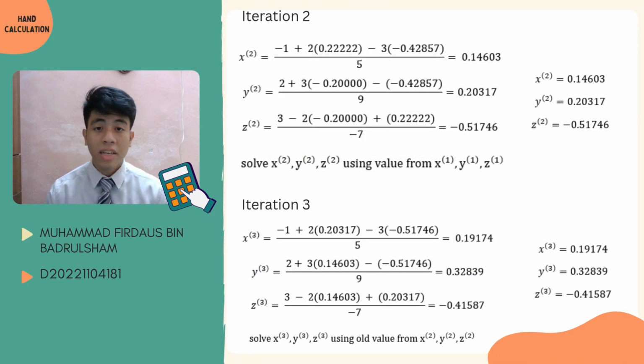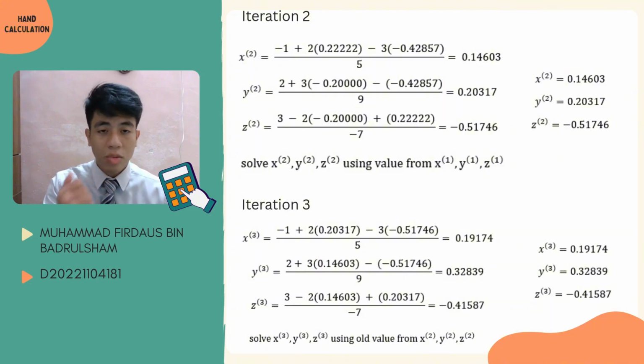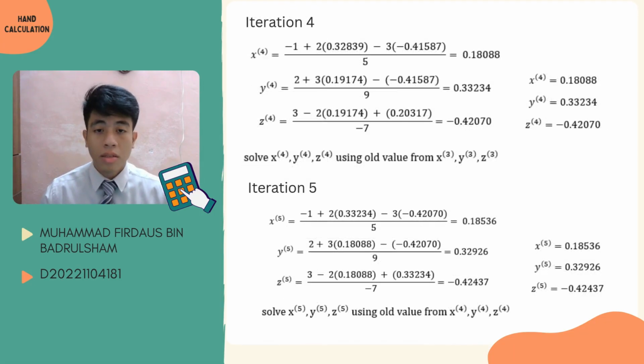Same goes for iteration 2 and iteration 3. We need to put all the values from x1, y1 and z1 into iteration 2. And for iteration 3, we need to put all the values we get from x2, y2 and z2. Same goes for iteration 4 and iteration 5.